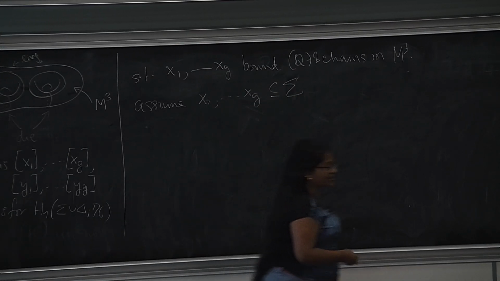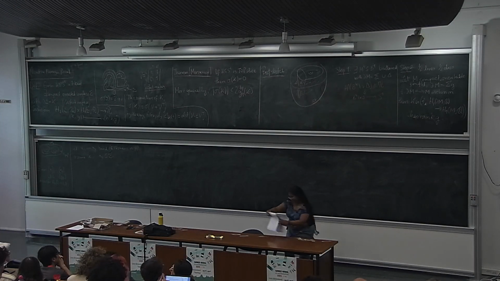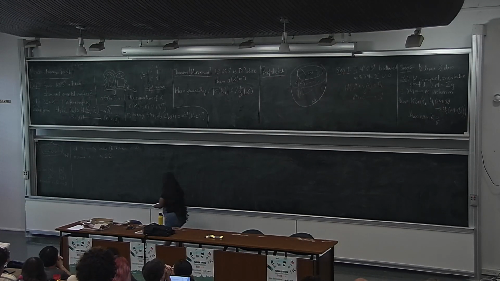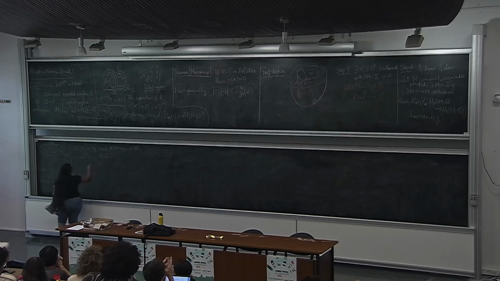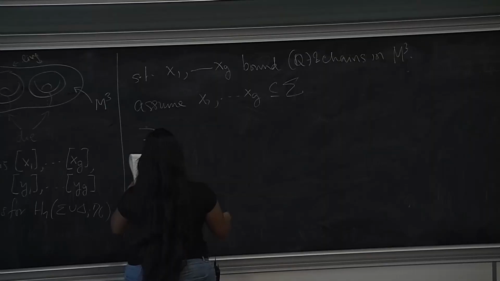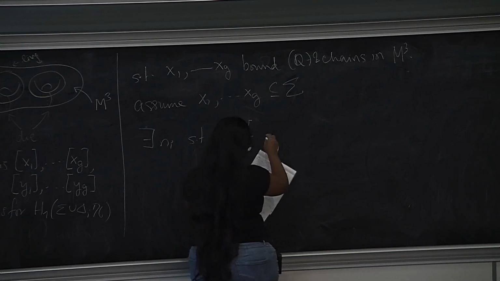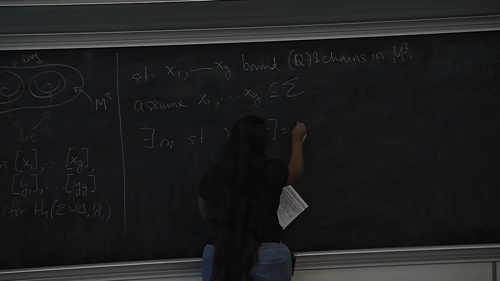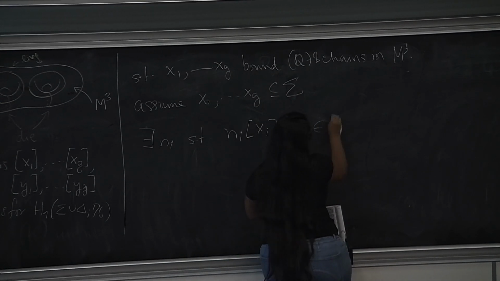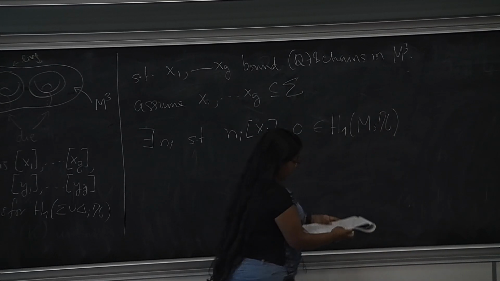Let's just quickly finish this. So what I know is that there exist integers Ni such that Ni xi is equal to 0 inside of H1 of M with Z coefficients.